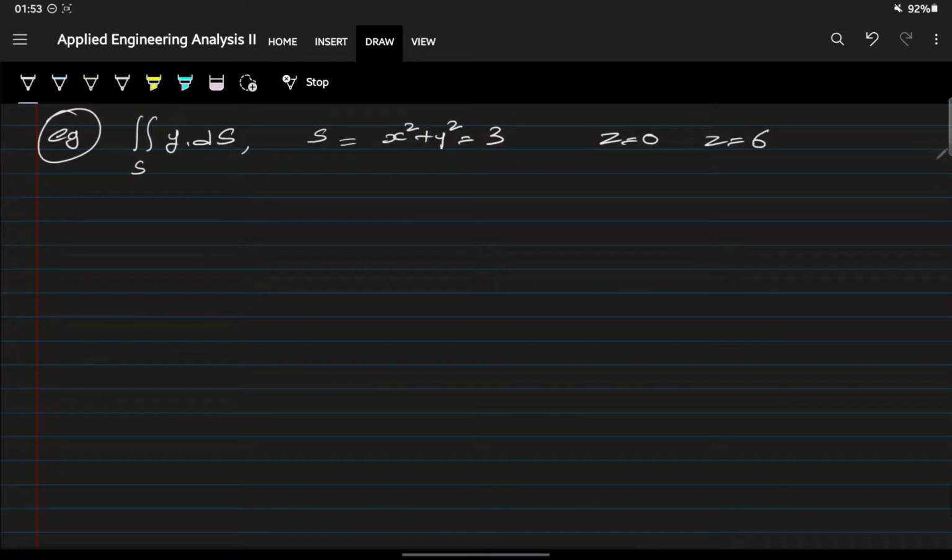So let us begin. Let us write the parametric form of our equation.